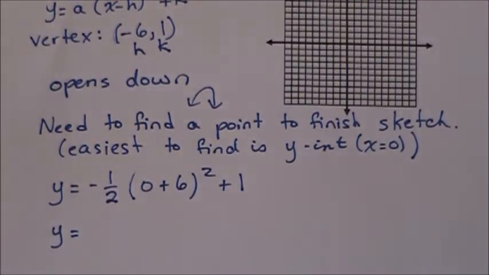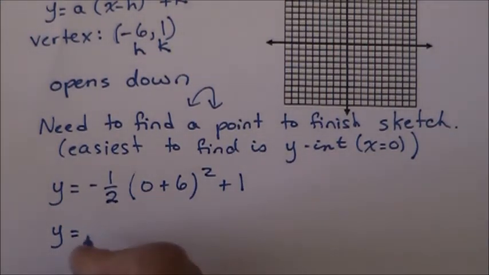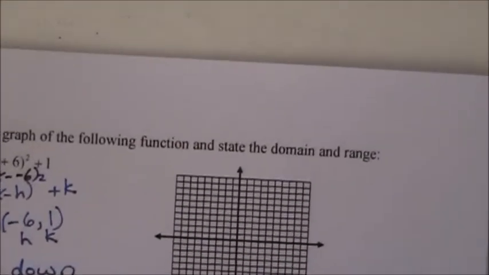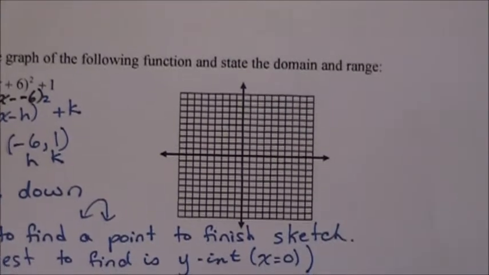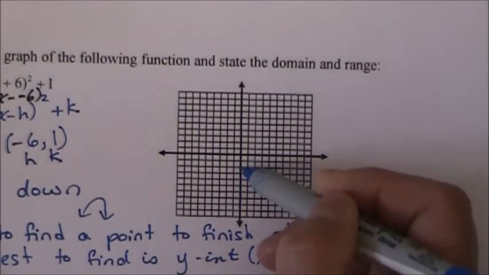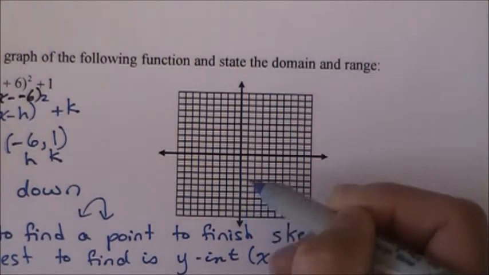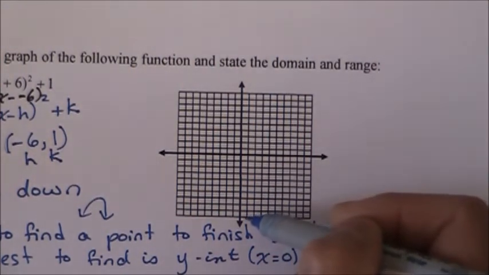As we go to solve this, you can do it all in one step in your calculator. And when you do that, you get negative 17. So that tells us that our graph is going to cross the y-axis at negative 17. As I go to look at my graph, I have 1, 2, 3, 4, 5, 6, 7, 8, 9, 10. So counting by ones isn't going to get me to negative 17.